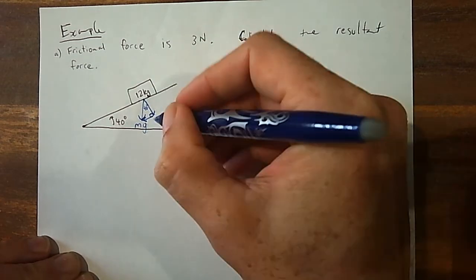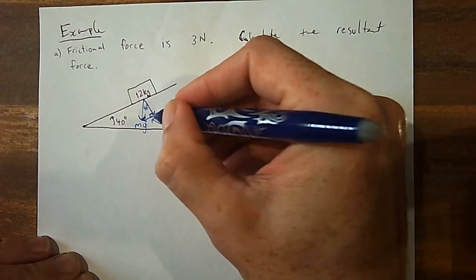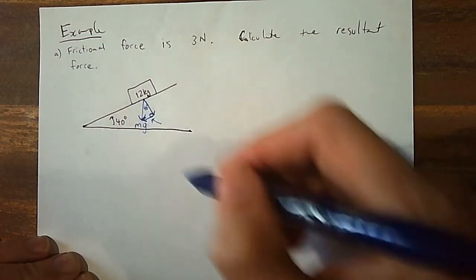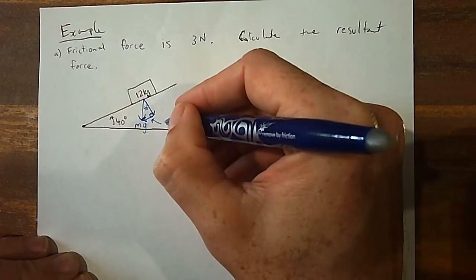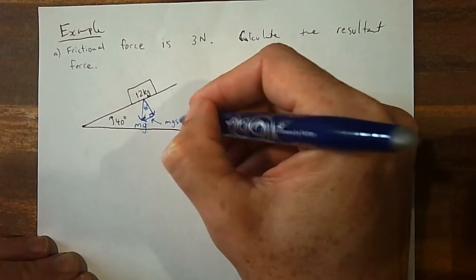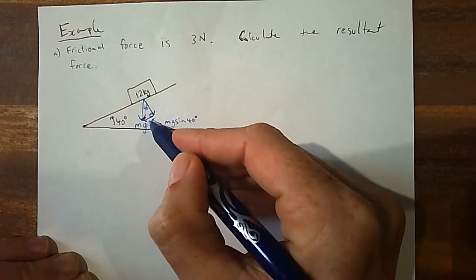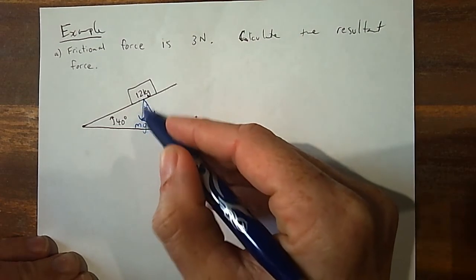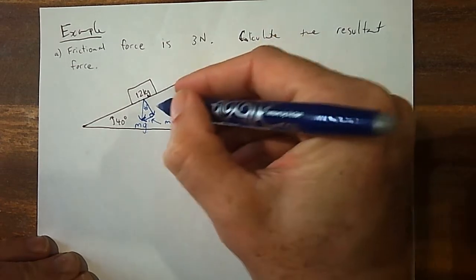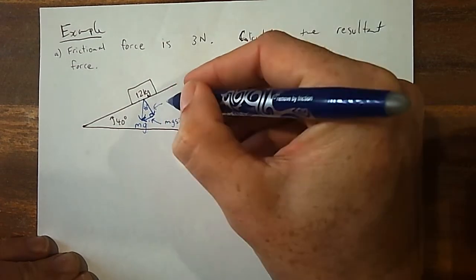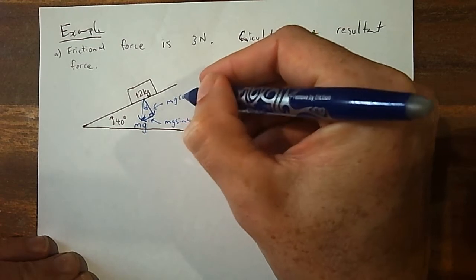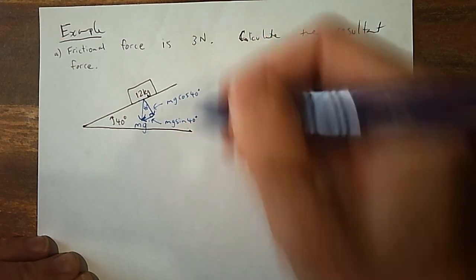So the force acting down the plane is going to be equal to mg sine of 40 degrees, because I've got opposite that angle and the hypotenuse here. Then the one acting to the normal will be mg cos of 40 degrees.